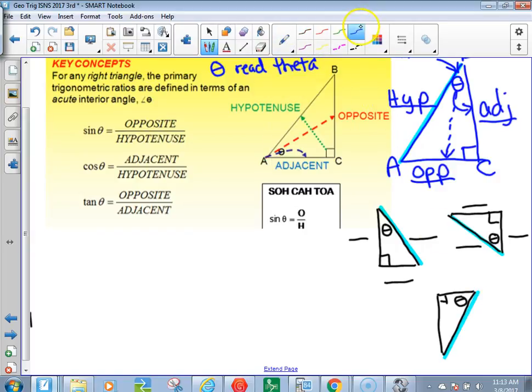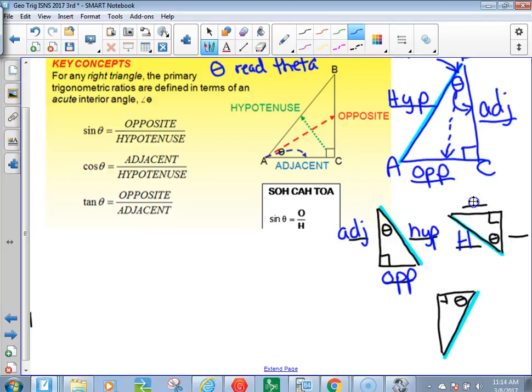Okay, so in the first diagram, the hypotenuse is right here. What would be the side on the left of theta? Yep, that's your adjacent leg. And then across from theta is your opposite. If theta is here, the hypotenuse, of course, is always across from the right angle. So I'm just going to use an H, please.